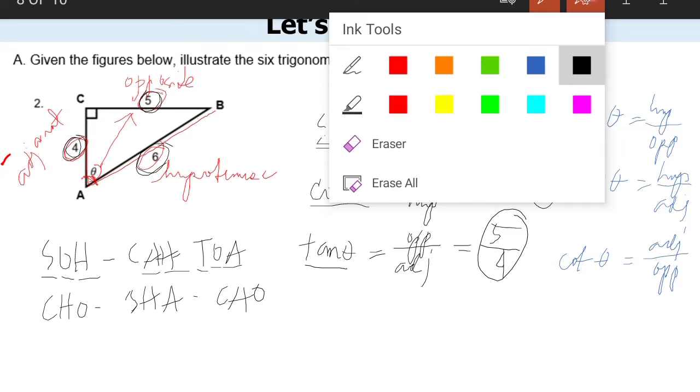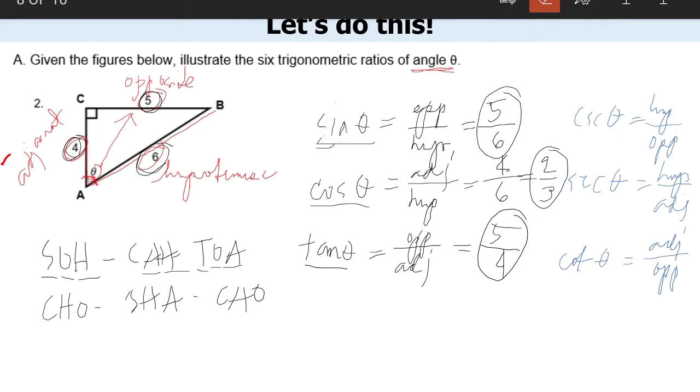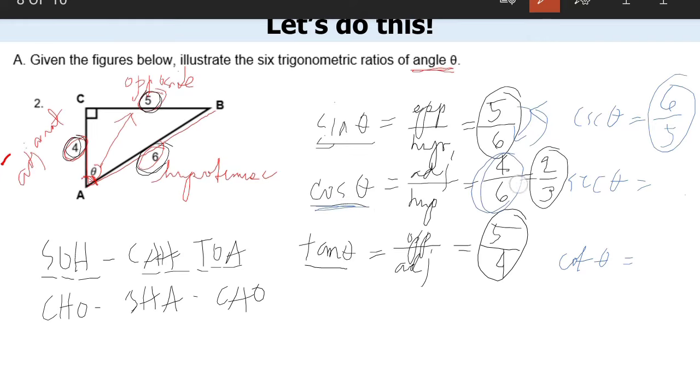I don't have much space here for my reciprocals, so I will erase this. By the way, to get the ratio of the reciprocal, you will just again interchange the numerator and the denominator. So cosecant theta will become 6 over 5. And then for secant, we base it on the first ratio, not the simplified ratio.